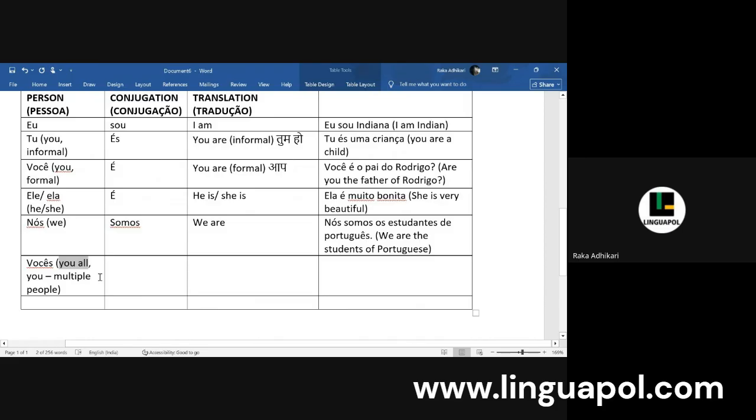That means we are talking to multiple people. The conjugation for this is são. Vocês são means you all are. For example, vocês são inteligentes.